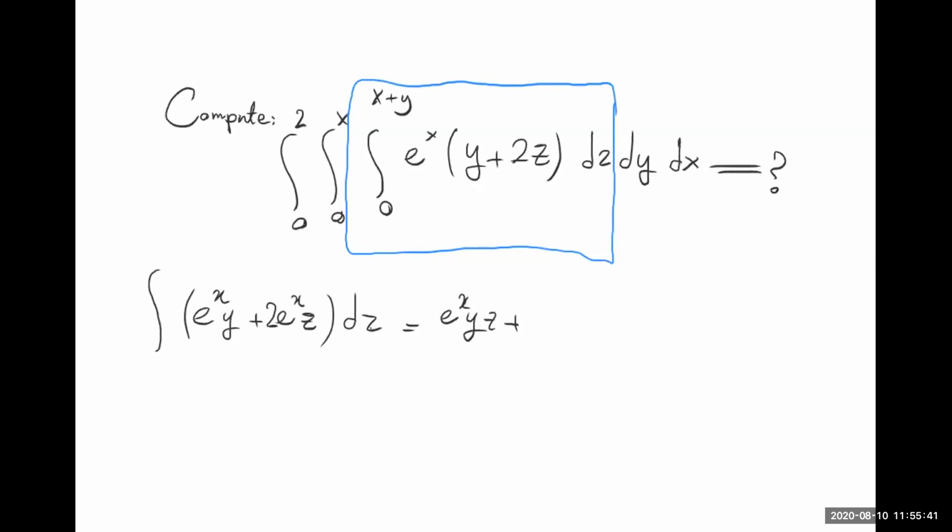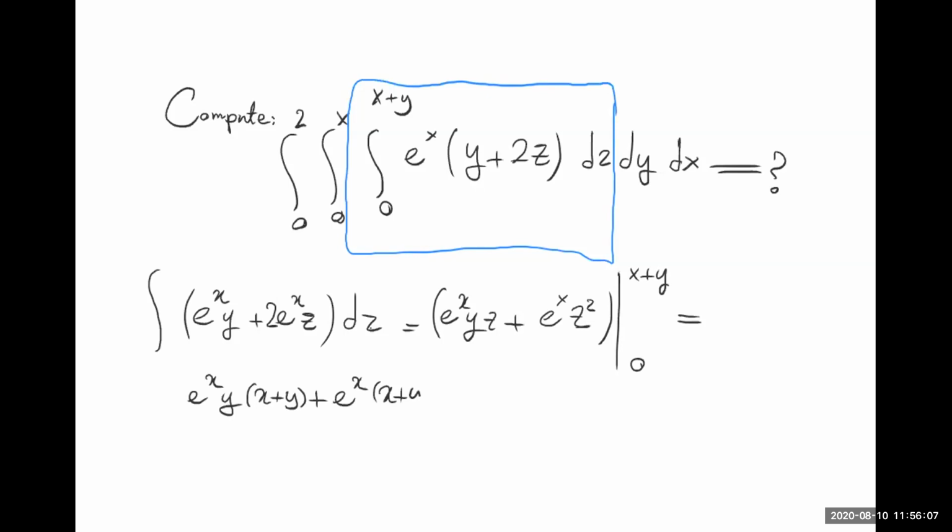Plus e to the x, z squared over 2. And the bounds for z are x plus y and 0, which means we are going to get e to the xy times x plus y, plus e to the x times x plus y squared minus 0.